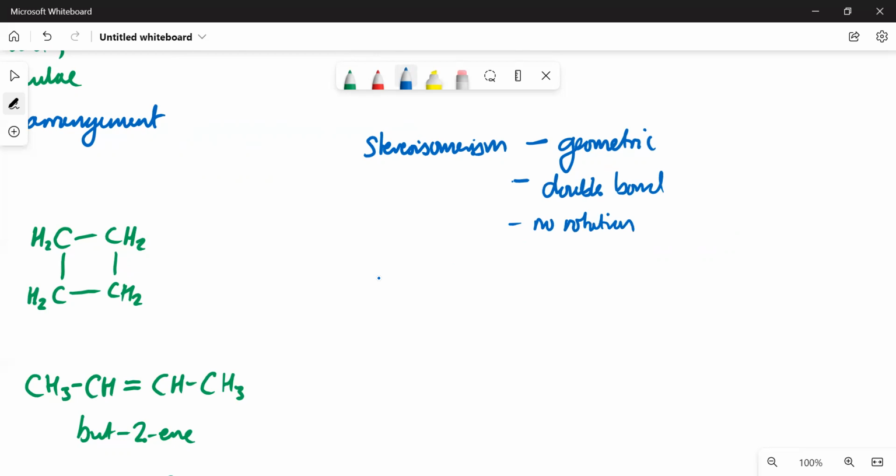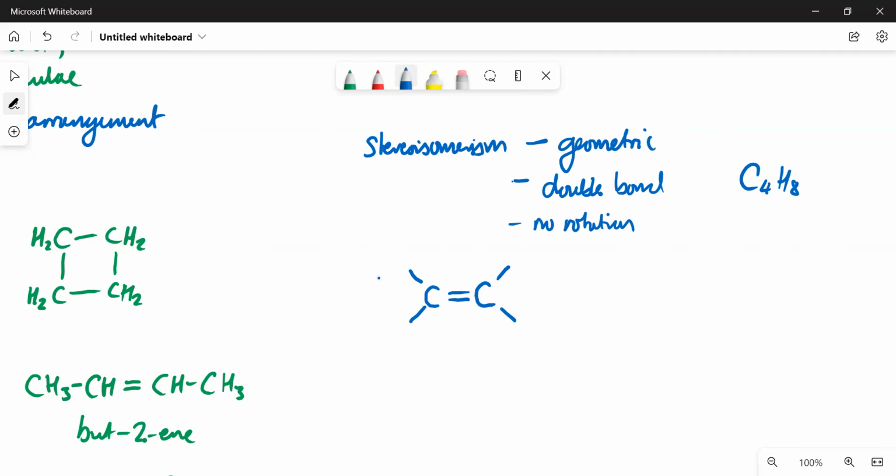Okay, so I'm going to draw butene, which is the only C4H8 molecule that can show this. Butane doesn't. There's a double bond between the carbons there, and all of these bond angles will be 120 degrees. Now I'm going to draw them looking like they're 120 degrees.